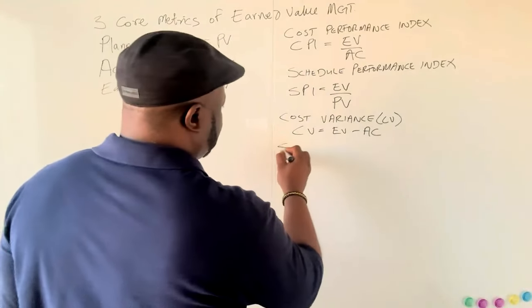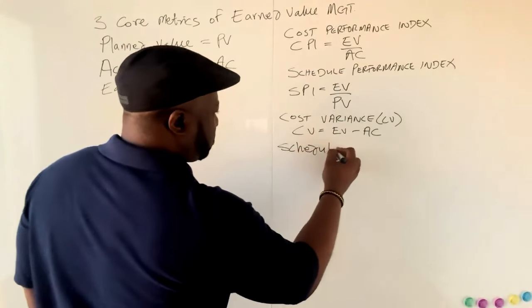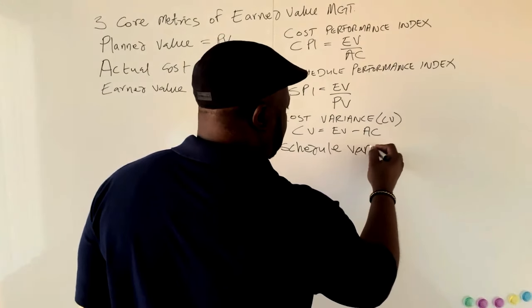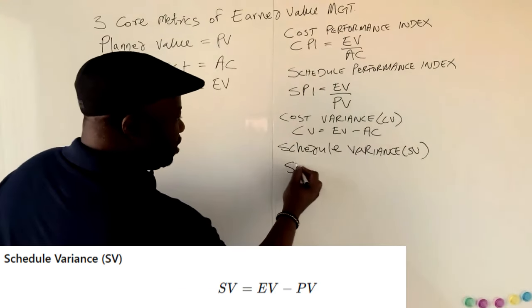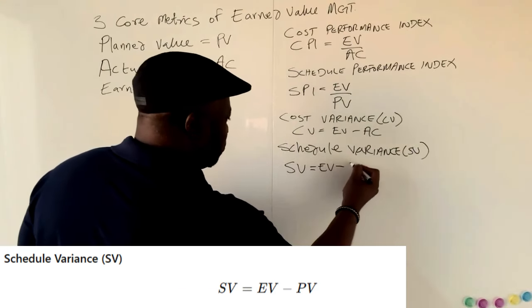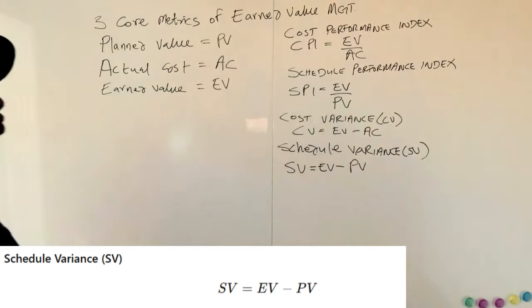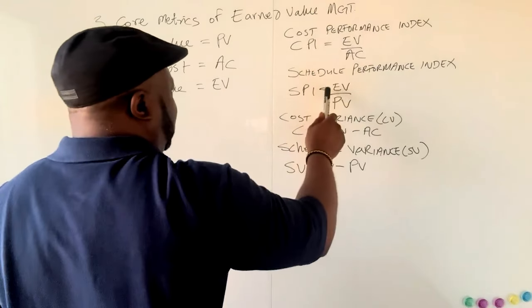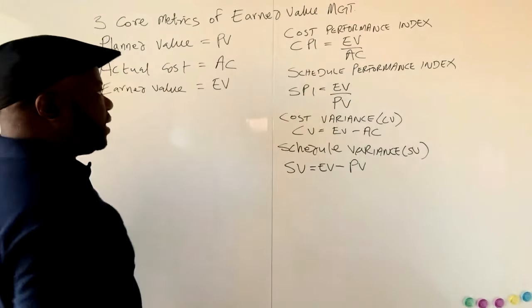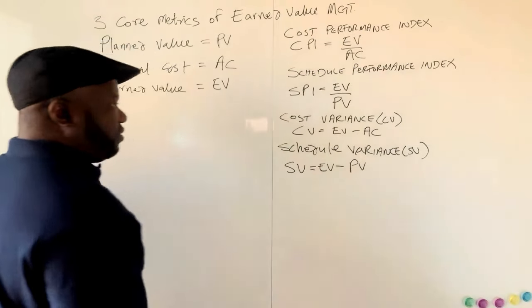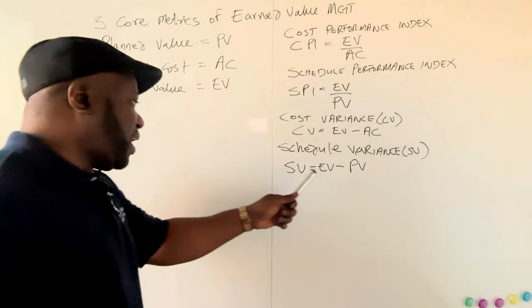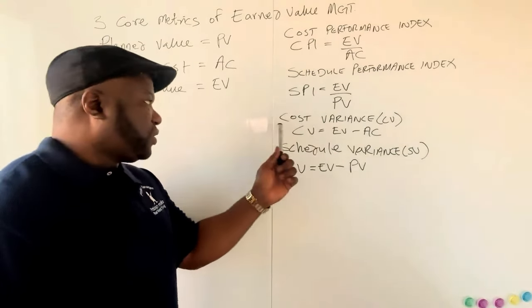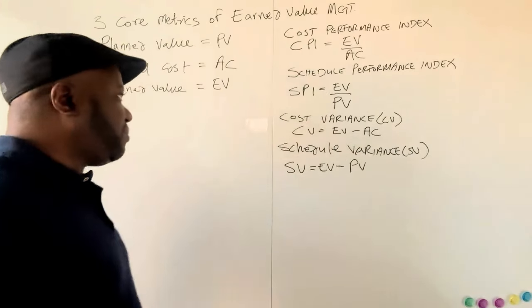Schedule variance, SV, is equal to earned value minus planned value. So one thing that becomes apparent really quick is they all begin with EV. They all start off with EV divided by something if it's an index. If it's a variance, then it's EV minus something. If it's schedule related, we have PV as the other metric. And if it's cost related, then we have AC as the other metric.